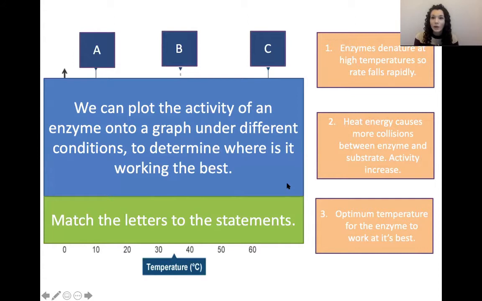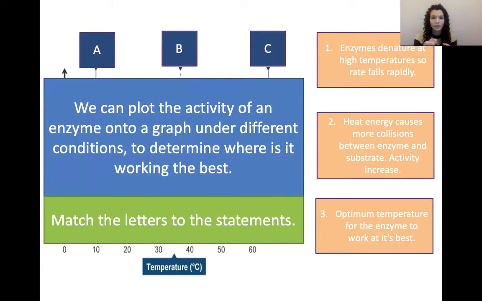So we looked at graphs showing enzyme activity in the previous lesson. You can always go back and have another watch of that lesson if you need to. But remember, we can plot the activity of an enzyme on a graph under different conditions to determine where it's working the best.